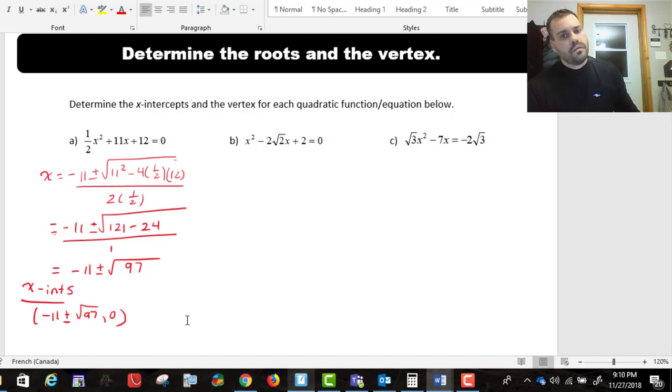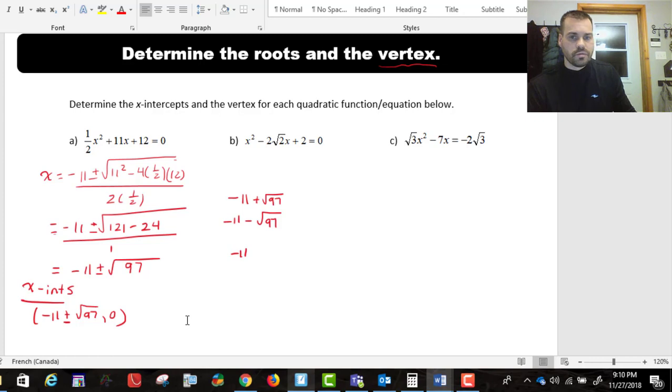Now, it also says find the vertex. So once you know the roots, because a parabola is symmetrical, then the vertex has to be directly in the middle of the two x-intercepts. So if my x-intercepts are minus 11 plus root 97 and minus 11 minus root 97, then minus 11 is in the middle of these two.